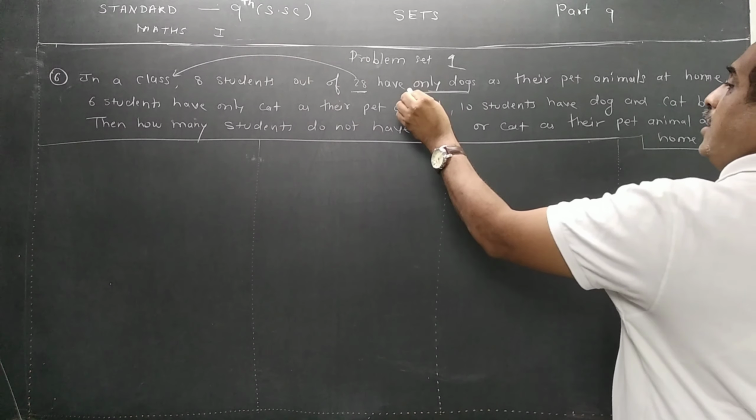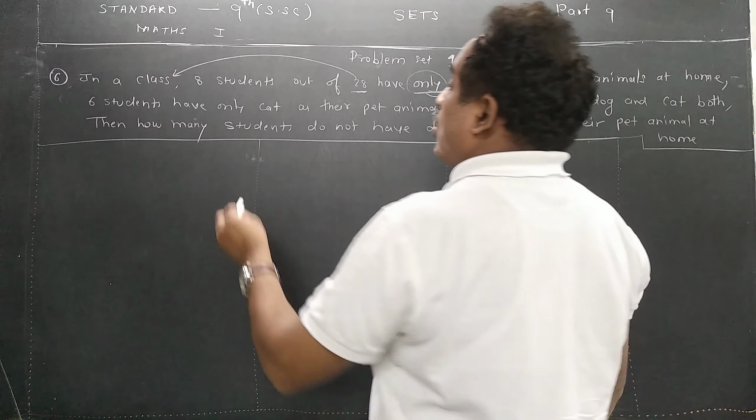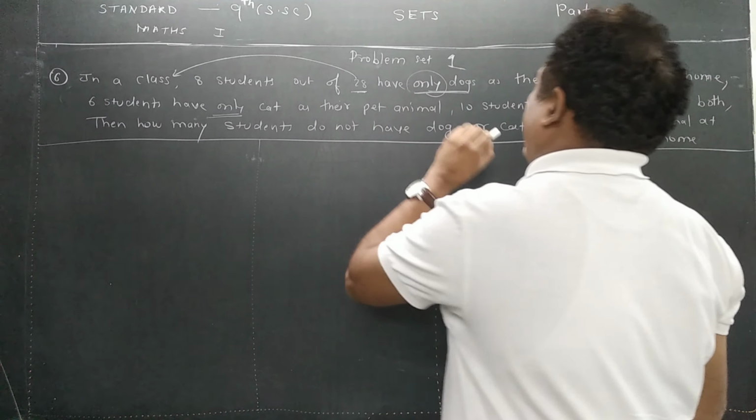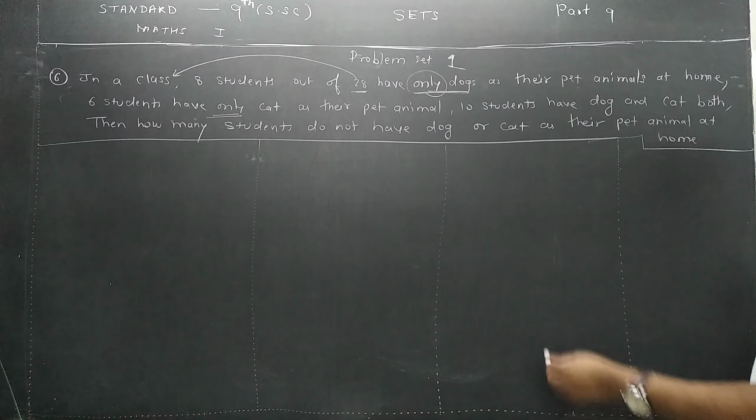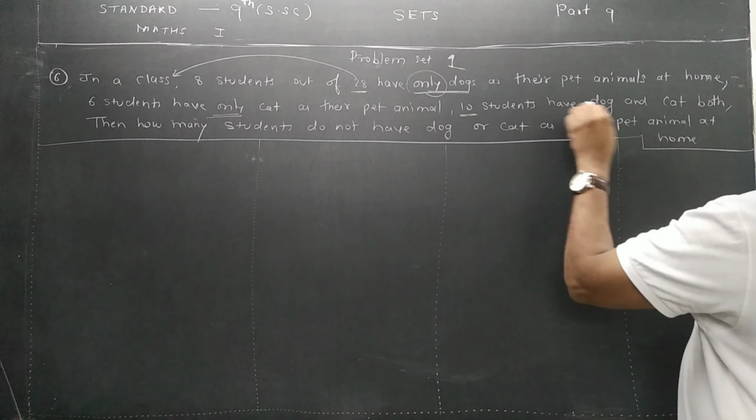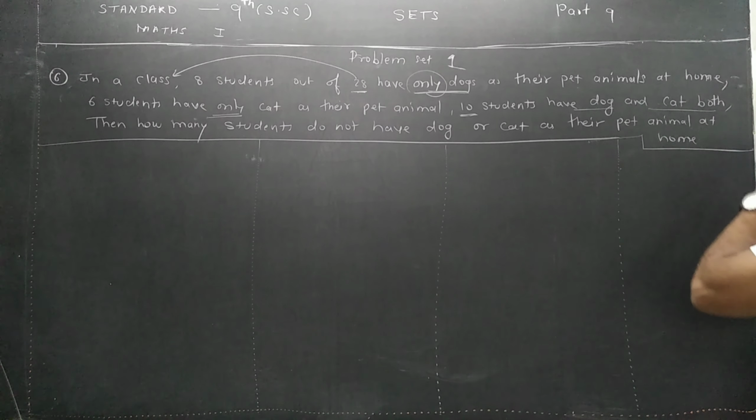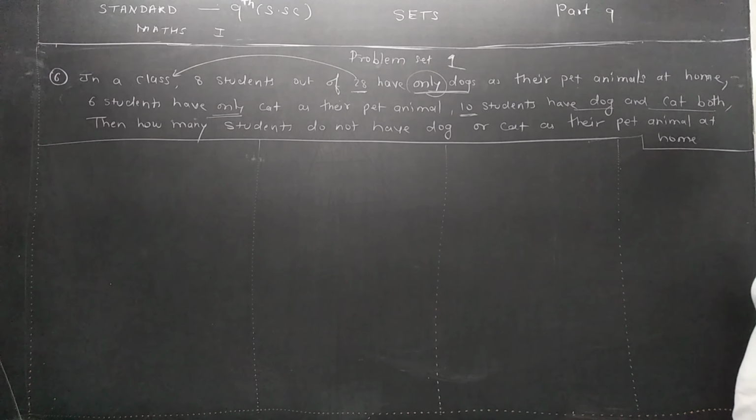Only dog at home. 6 students have only cat as their pet animal, and 10 students have both dog and cat as their pet animals. So they are having both dog as well as cat.